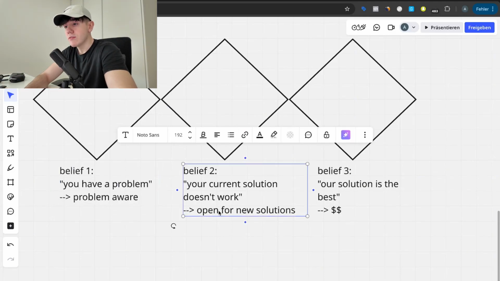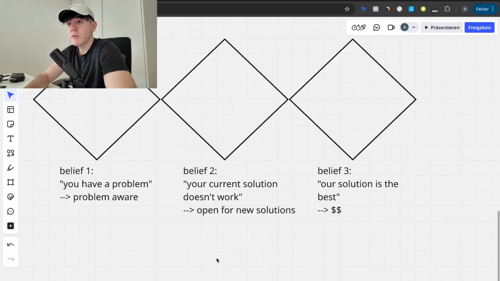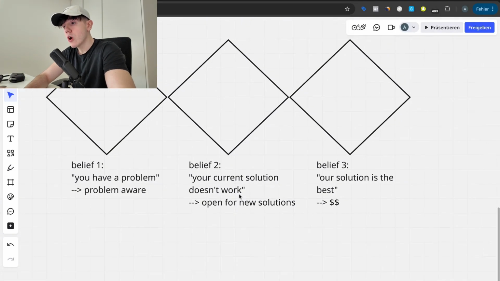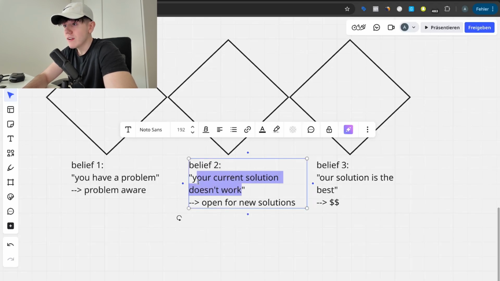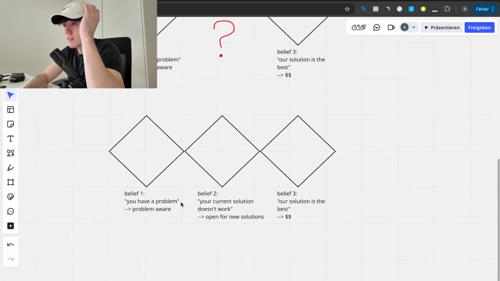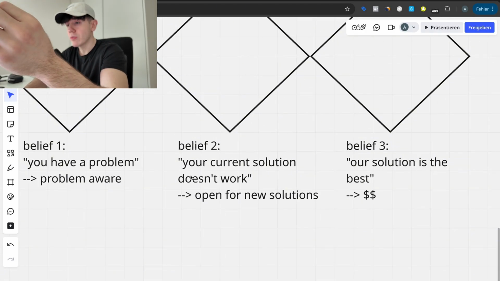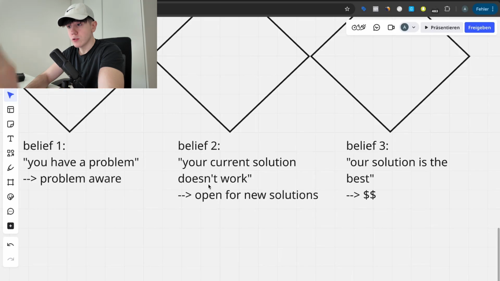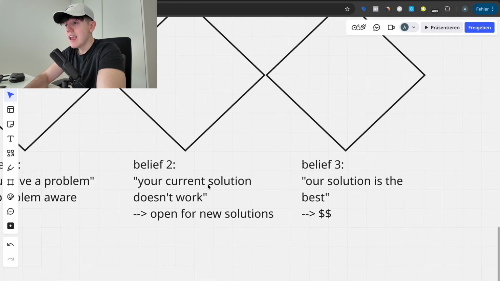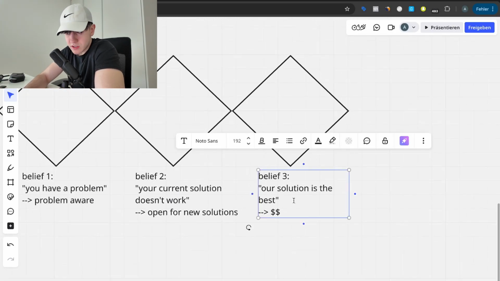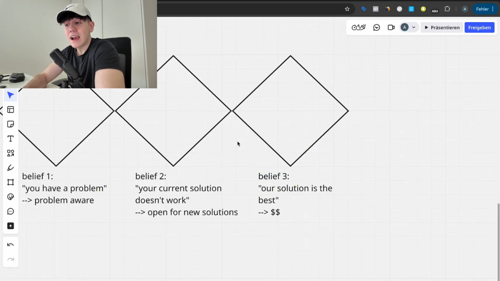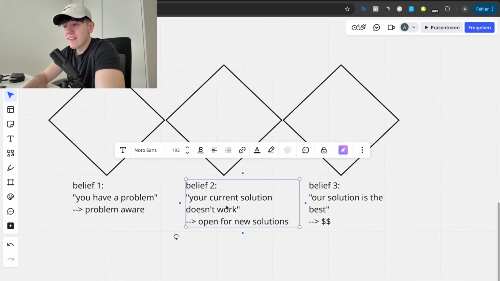But then the second belief, which is a lot harder to crack, and most people don't even attack this, is: your current solution does not work. This is probably the strongest belief, and everyone skips this middle diamond, this middle step. You have to actually convince them to be open for new solutions. No one does this, right? And belief 3 is then: our solution is the best, once they're actually open for it. This is how you properly channel beliefs. This is how you change beliefs, but you can't skip this second one.